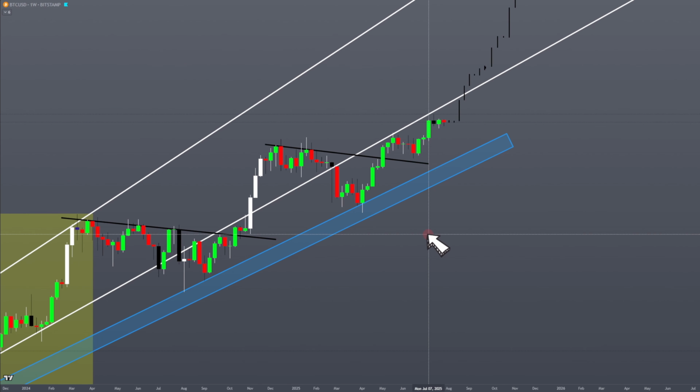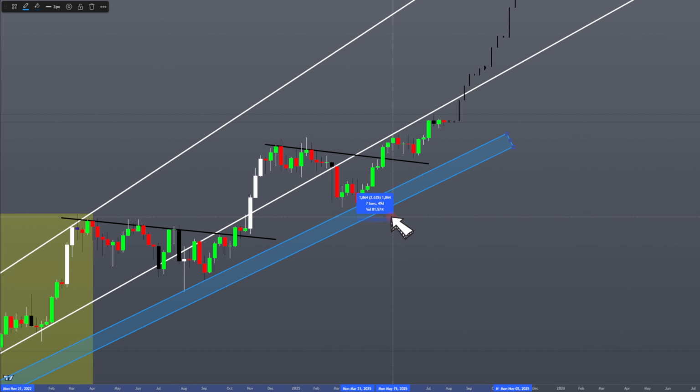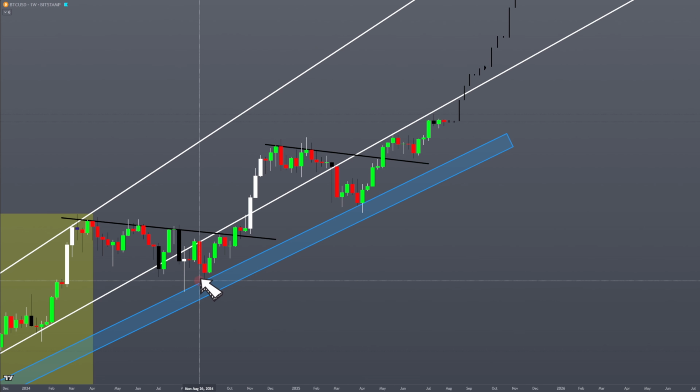What is also interesting is if we look at this first pullback in this overall pattern, it was 2 bars. This one here was 4 bars. This one here was also 2 bars, and right now we're on the 3rd bar, or the 3rd candle. So extrapolating out the pattern of going from 2 to 4, a doubling. This one here was around 3 bars, and then this move here was also 6 to 7 bars. So essentially this upwards move compared to this upwards move was doubled.